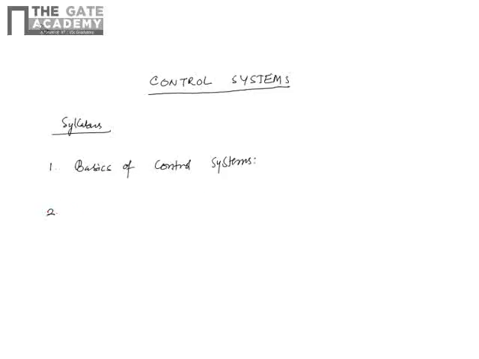Then the next unit is time domain analysis. We'll study the response of any system in the time domain. We can classify it into categories like transient response and steady state response.